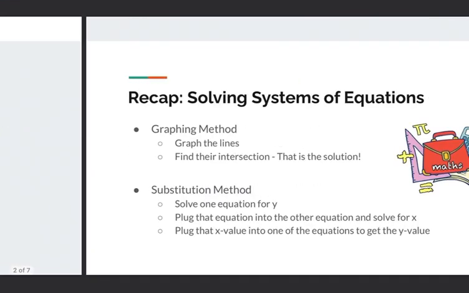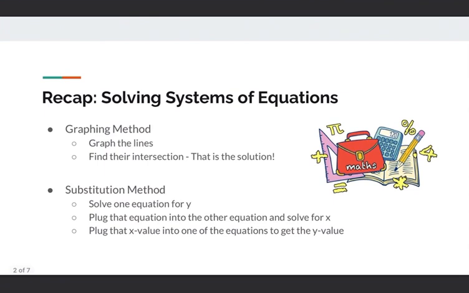Let's get started. Just a recap of what we did in the first module, we learned about two different methods. The first was a graphing method, where you were given two different equations and you graphed them, and then you found their intersection, and that was the solution to the system of equations. The other method that we talked about was the substitution method.